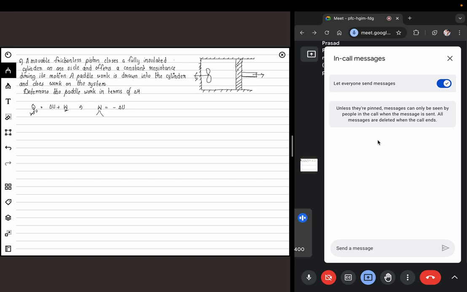Now what are the components of this work done? Work done has two components here. One is this expansion, that is the piston work, and the other one is the paddle work. So I'm just splitting it into two parts.